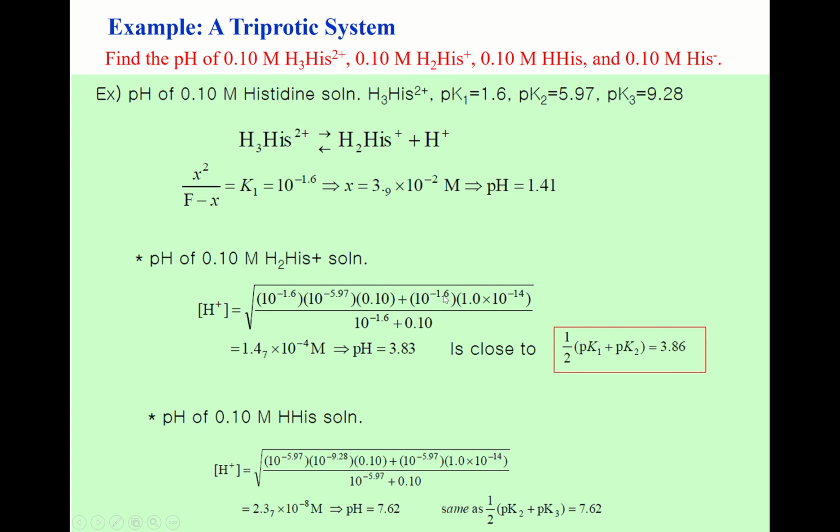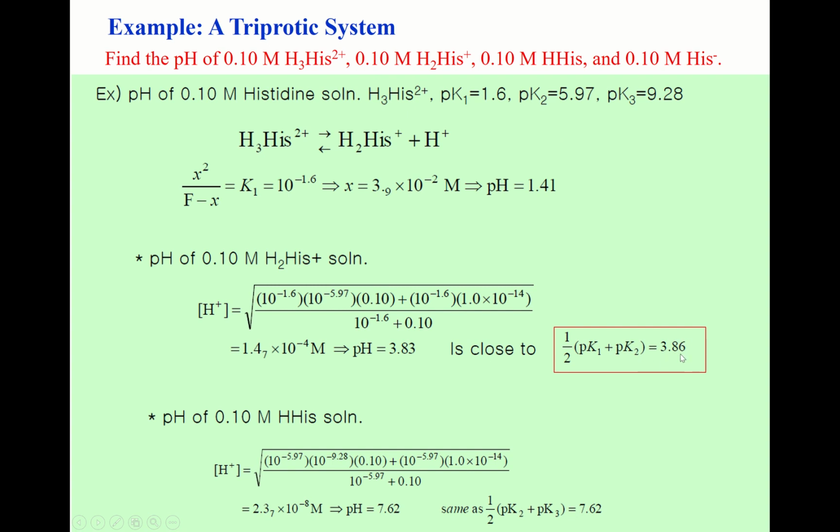And then we get a pH of 3.83. Or you may want to use the extreme case, pH equals 1/2 of the sum of pK1 and pK2. This is the further approximation, and then we get 3.86.